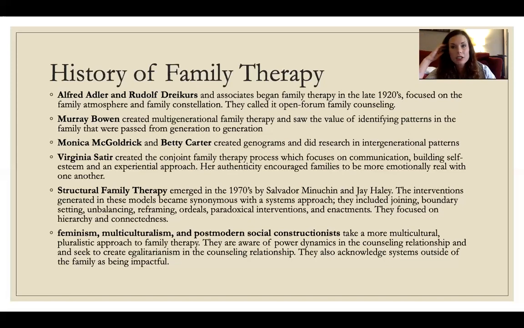What they started to do at first was they would join with the family, which means you're making a bond, you're connecting emotionally with them, and you would help reset boundaries, because if the hierarchy is out of balance, then maybe there are some boundaries that are not in place.